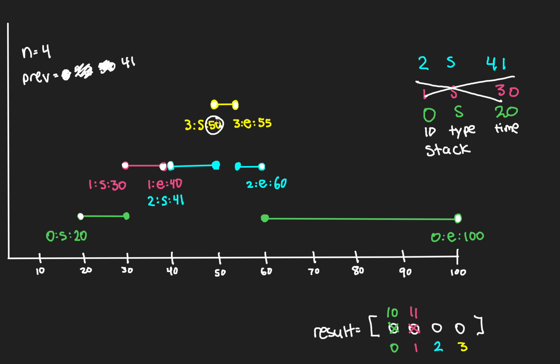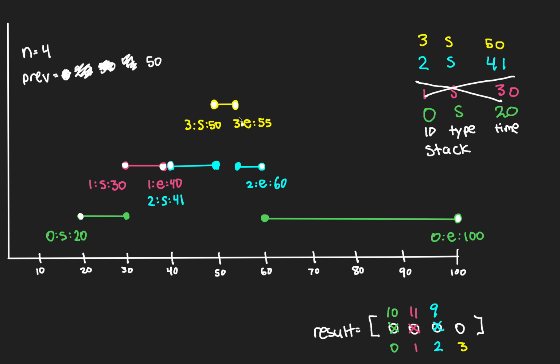We'll find the difference between 50 and 41 to get 9 for function 2. That is correct. We'll add 9 units of time as appropriate. To end the iteration, as per usual, we'll append the ID, the type, as well as the timestamp, and then update our prev time to 50.